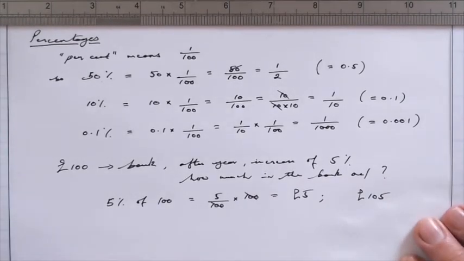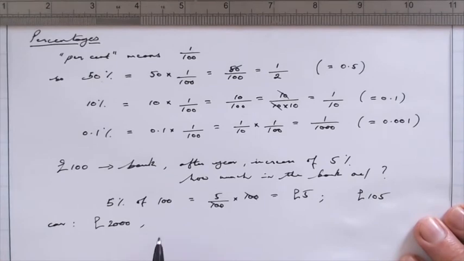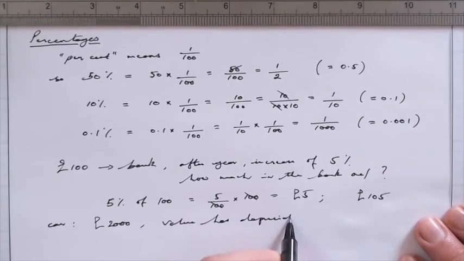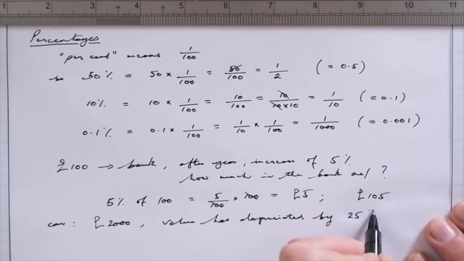Let's just do one more example. Let's imagine that someone buys a car for £2,000, and let's say that several years later they sell it, but the value has depreciated by 25%.